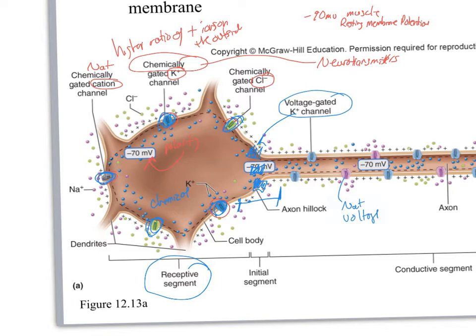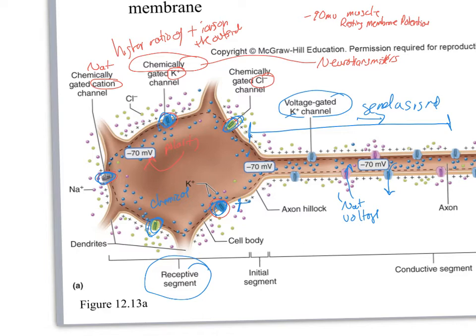Okay, so I'm going to erase this so that you can see what we're doing better. You've got to pay attention to those gates. So this is the section that can send a signal, because it has voltage gates, which will allow a flood of sodium in, and for repolarizing, the potassium will go out. Okay.